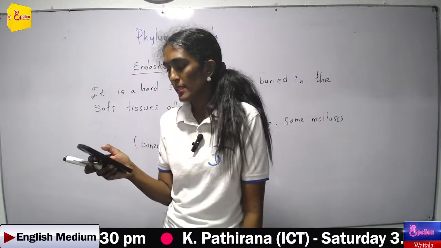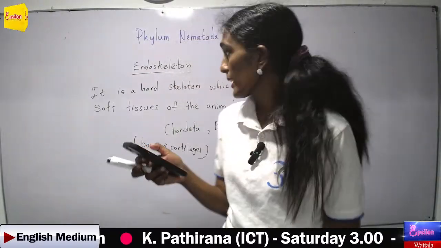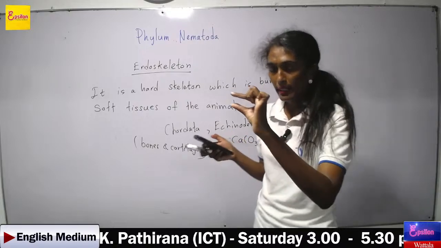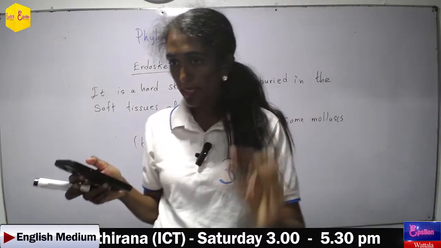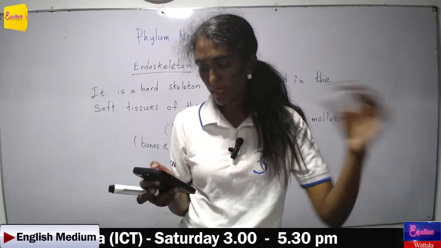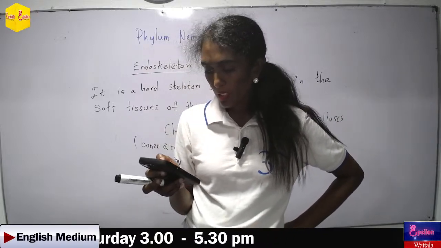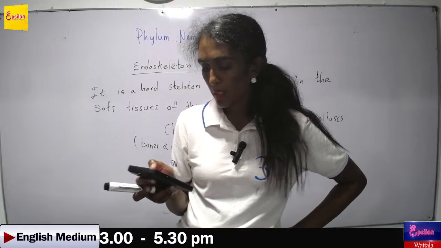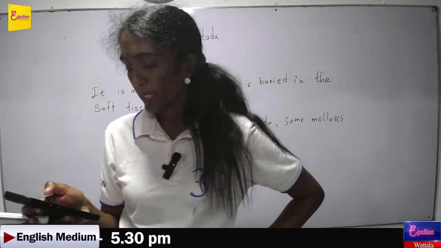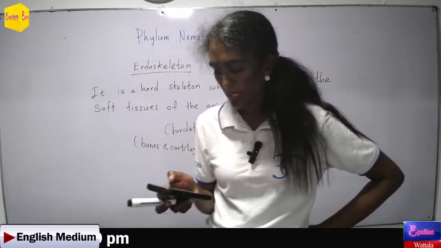Their body form is cylindrical with tapered ends. I told you the meaning of tapered end: at the end it's smaller in size, at the edges, that means the two sides. Next one: body size varies from microscopic to macroscopic. They do not show distinct cephalization and segmentation.